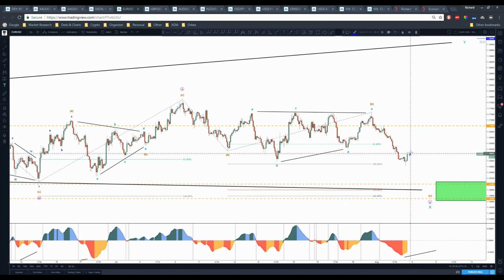In other words, if this would do something like a zigzag type of correction, or even some sort of a bull flag, this could indicate further upside.